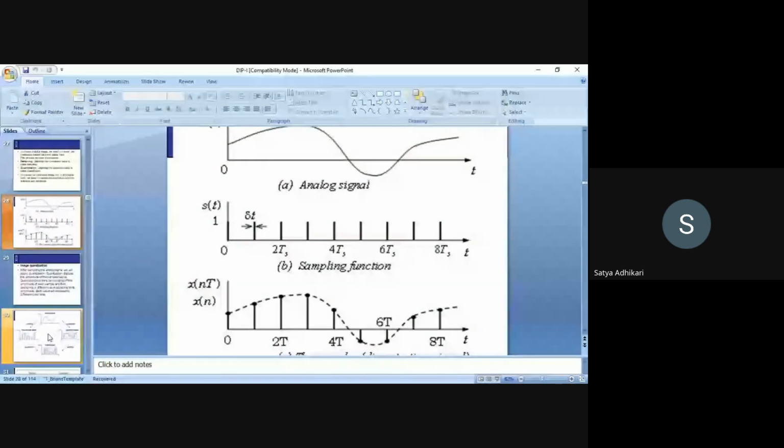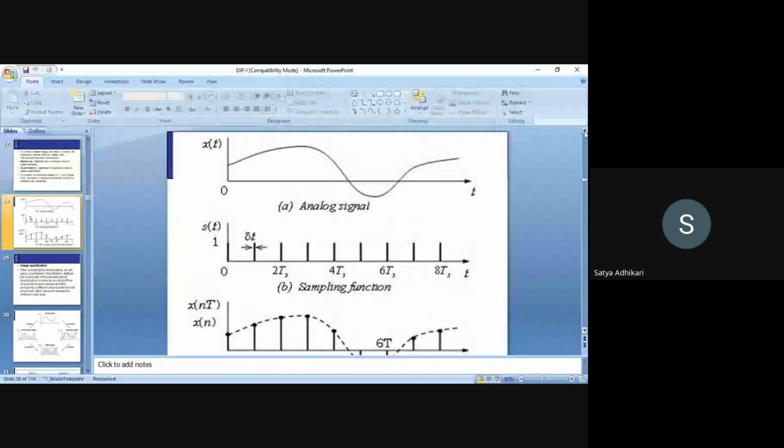You see, the first image shows an analog image A. In A, it shows an analog signal. In B, some technique is used, some sampling function is used.